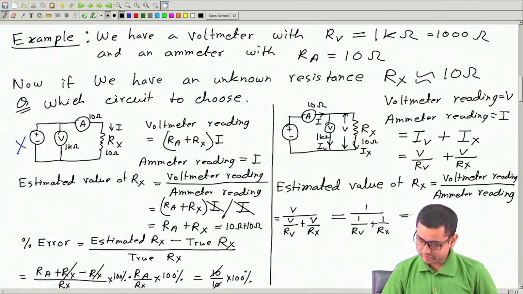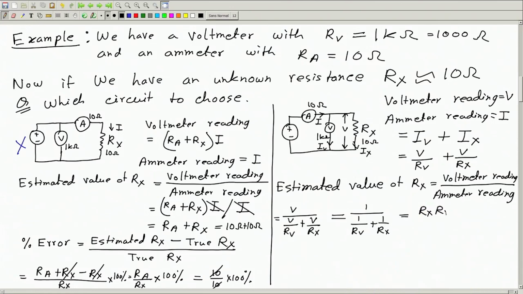So this is nothing but Rx RV divided by Rx plus RV, which is nothing but the parallel combination of Rx and RV. Okay. So what we are actually measuring is not Rx, but the parallel combination of Rx and RV. This will be the same as Rx only if RV is much higher than Rx, then the parallel branch can be ignored.